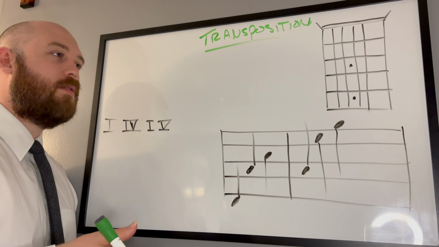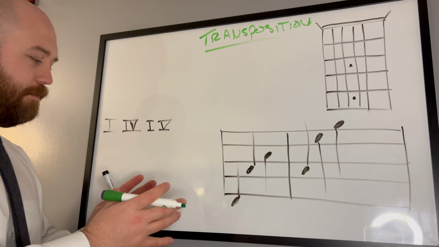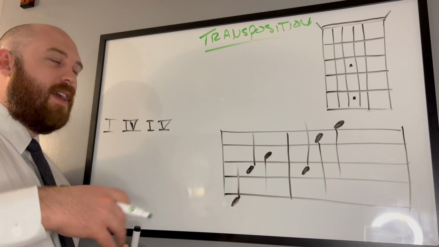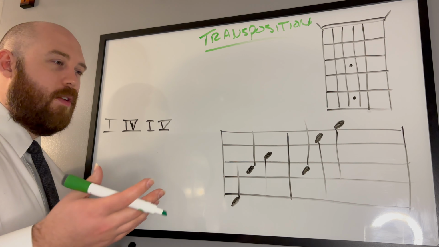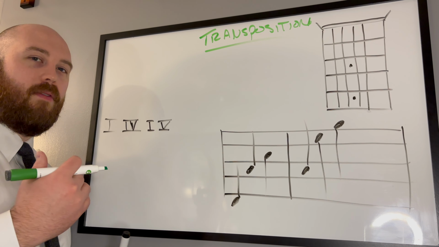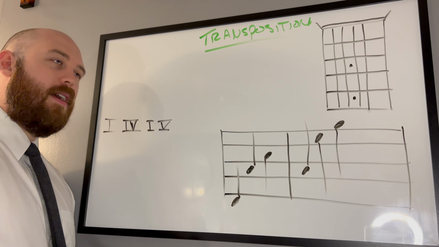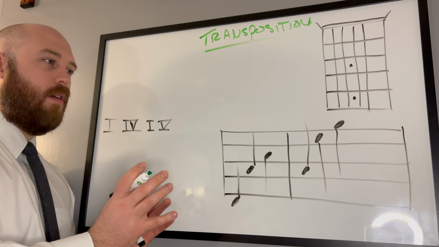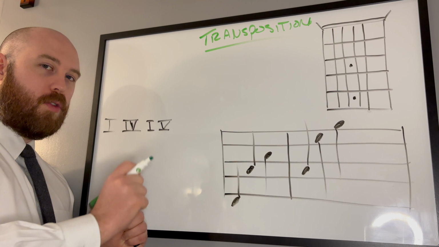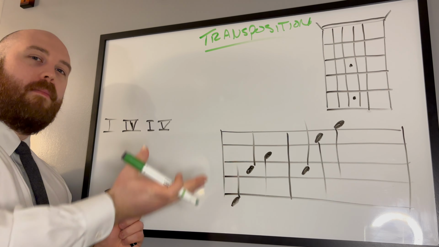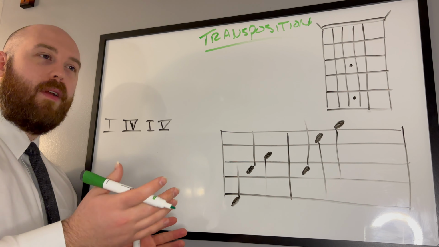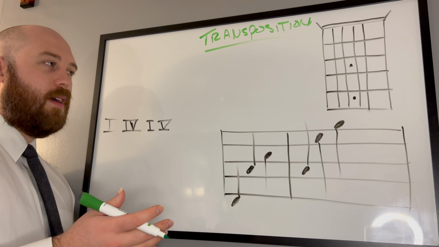To transpose something is when you take a piece of music and let's say the chords say to play a G and then a D. And you're playing for a singer or something. And the singer says, no, you know what, that's way too low for my voice. Can we transpose it to a higher key? So you're going to take your chords and notes or whatever you're playing, and the relationship between all the notes and all the chords is going to stay the same, but you're going to move everything up for the singer or down depending on who you're playing for or what the use is and what the need is.